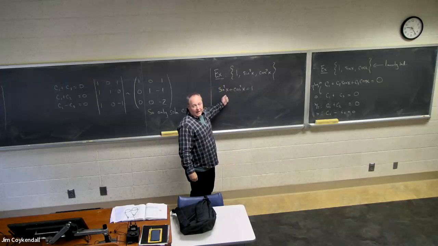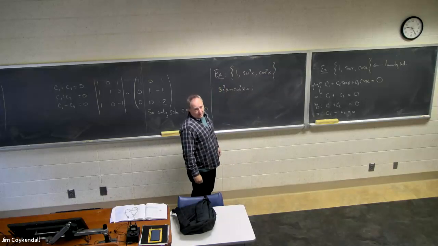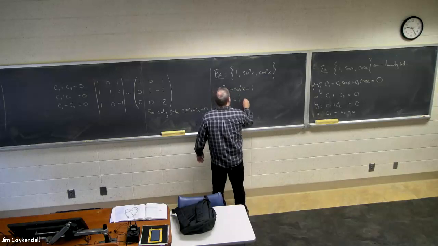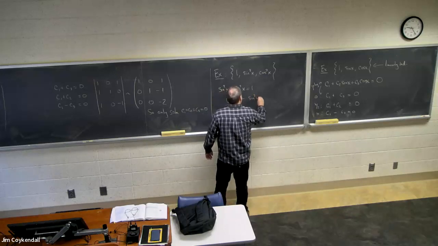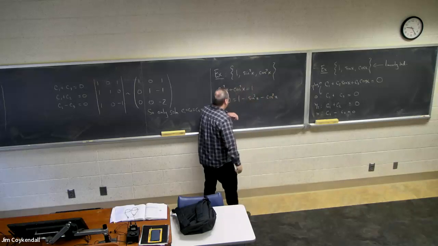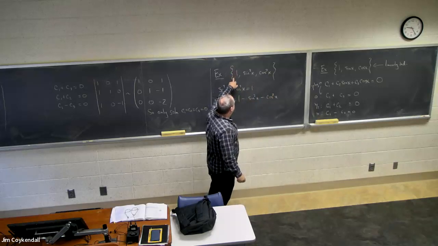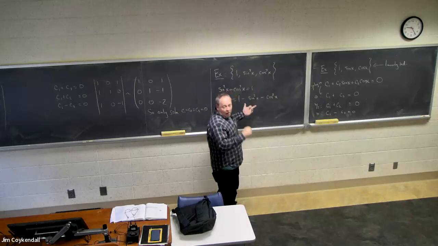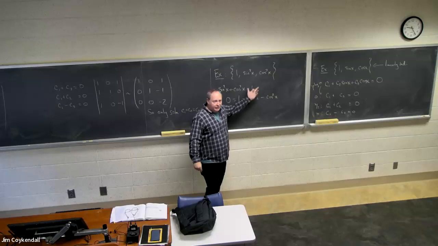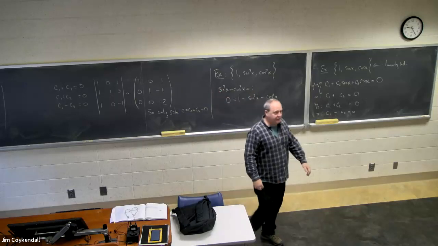For every single value of X, that's true. So you get the equation. For my choices, 1, -1, -1, this is 0 for every value of X. So this is actually a linearly dependent set.